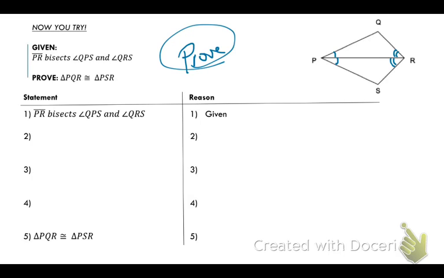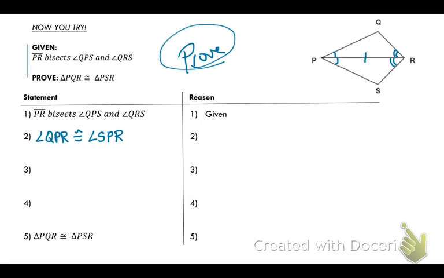I can also prove that angle QRP is congruent to angle SRP. And then I can always prove that PR is congruent to itself using the reflexive property. And if I do all of those things, I will have angle, side, angle.